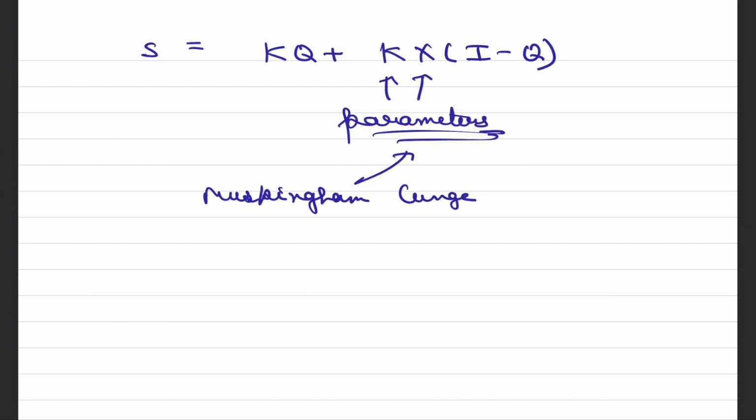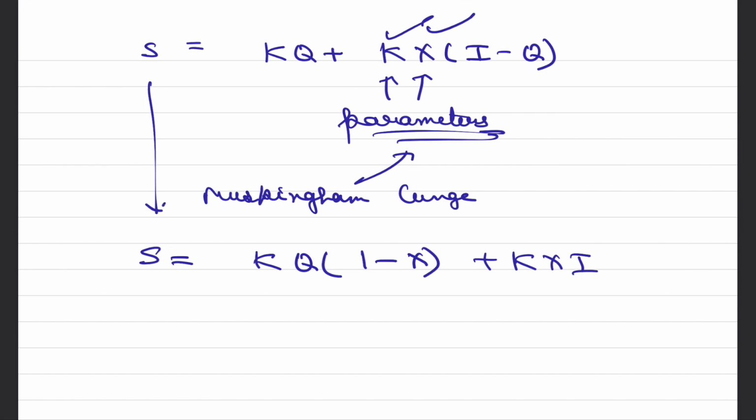But as of now, we will say that we know K and X for a given stretch of the river. So after rearranging these terms, we can bring all the terms of Q together and we can say that S is equal to KQ(1 minus X) plus KXI.